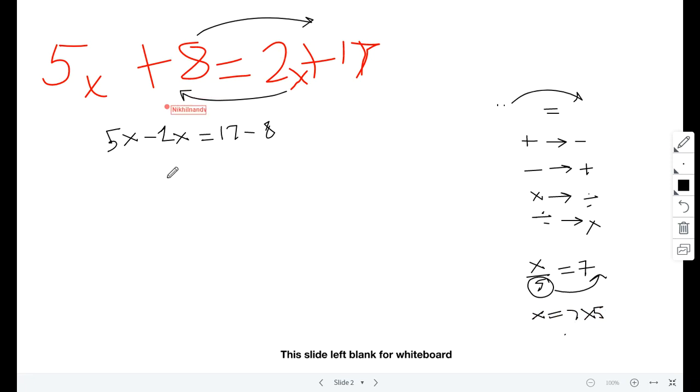Now let's continue the question. 3x equals 9, x equals 3. That's it. Chapter over. I think now you can solve any question on this chapter. You can try if you want right now.